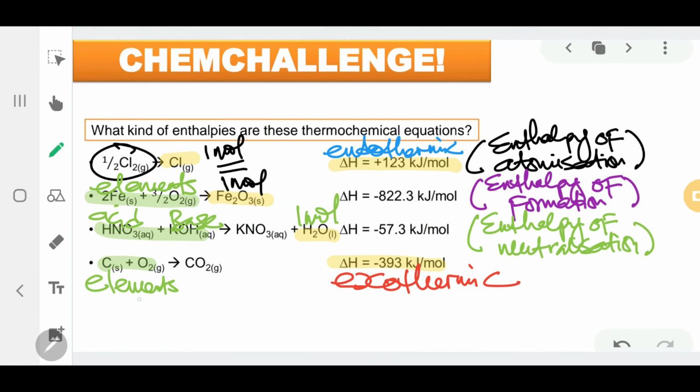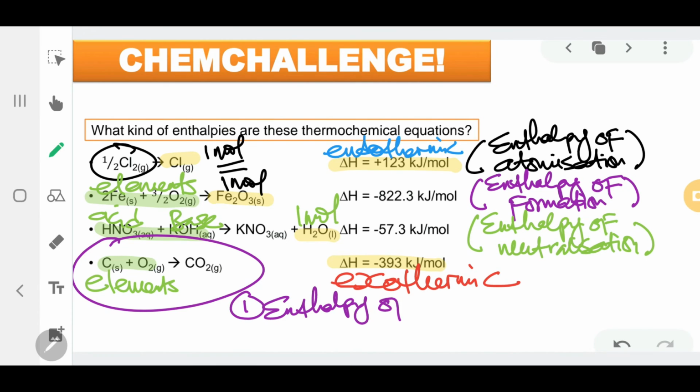For this part over here, it fits into 2 enthalpies. Number 1, it fits into enthalpy of formation. Why?